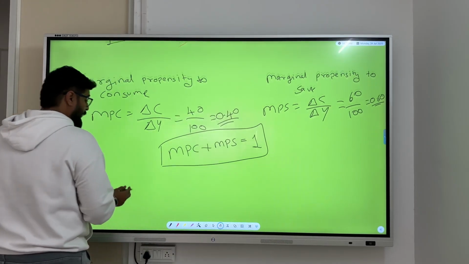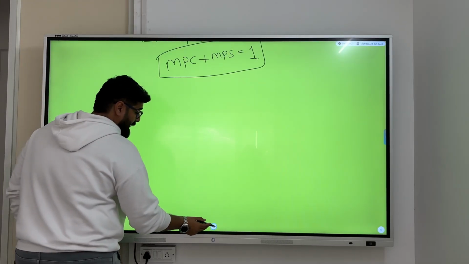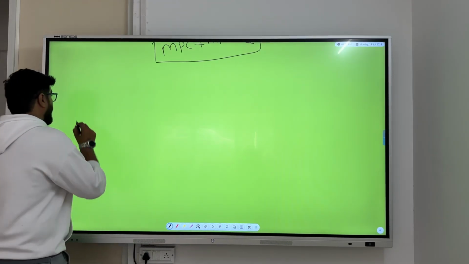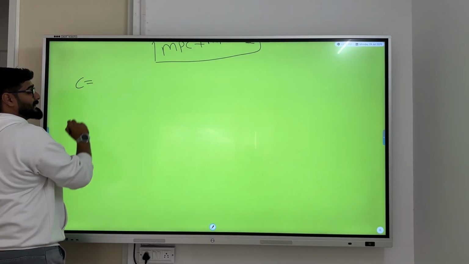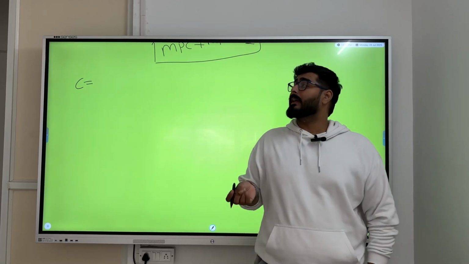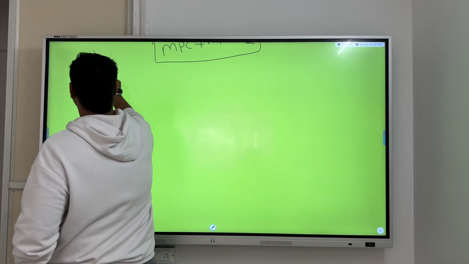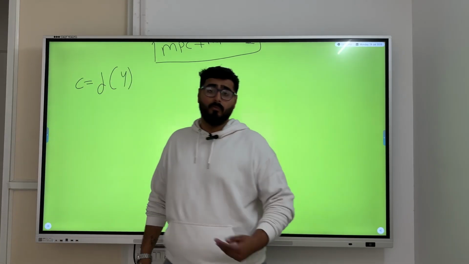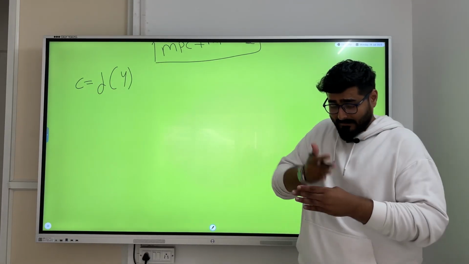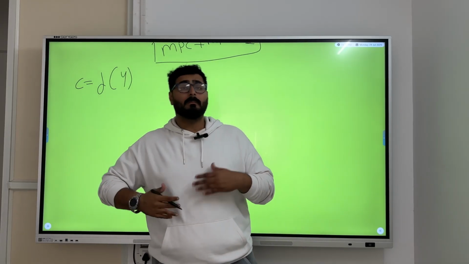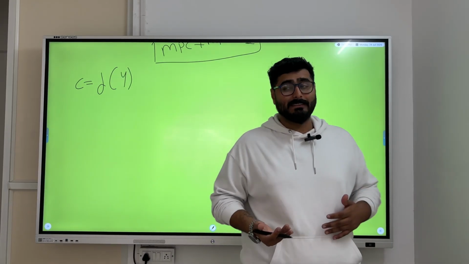Now going ahead to the consumption function, the derivation of the consumption curve. But before that, consumption, of course, depends on my income. So I'll write consumption is equal to function of Y. It says that consumption depends on income. जैसे जैसे मेरा income बढ़ता है, my consumption also increases.